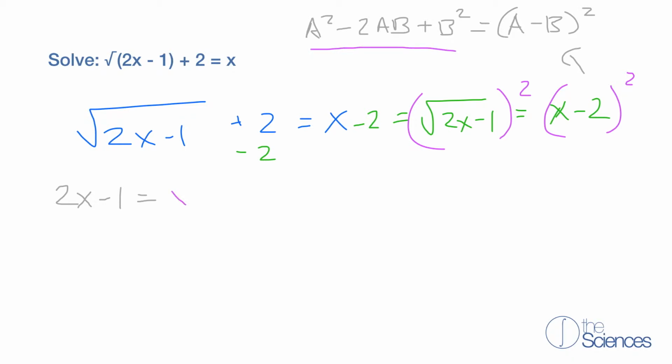a, which is x squared, minus 2 times a, which is x, times b, which is 2, plus b, which is 2, squared.